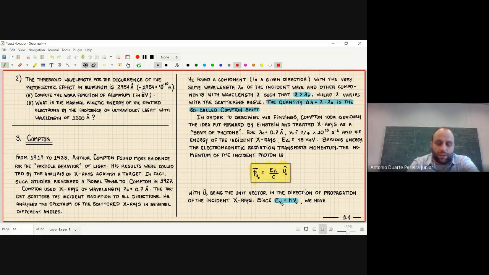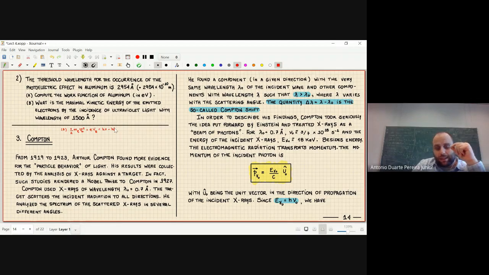So if you remember the equation of the photoelectric effect, the kinetic energy of the electron, the maximal velocity of the electron, is equal to eV_B, which in turn is equal to h nu minus the work function. Okay?